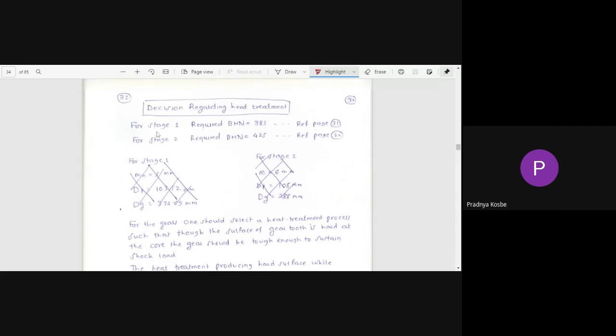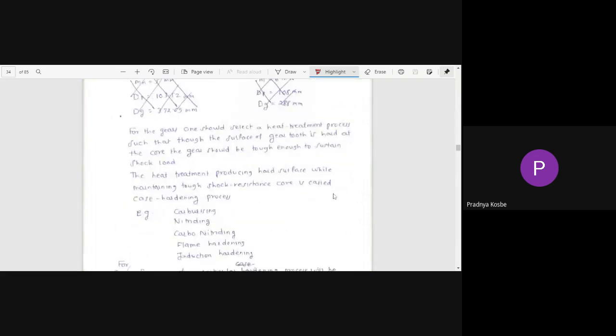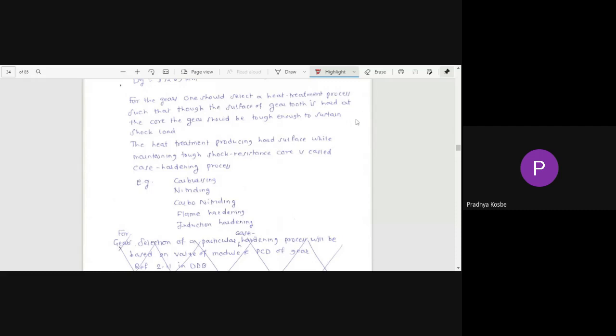Now stage 1 consists of helical gears. Required Bhn is equal to 385. For stage 2, there are spur gears. Required Bhn is 425. So for the gears, one should select the heat treatment process such that though the surface of the gear tooth is hard, at the core the gear should be tough enough to sustain the shock load, because gears always undergo cyclic loading.